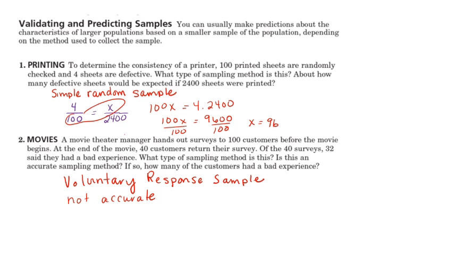With a voluntary response sample or comment card, people are more likely to complain than to say they had an okay experience. So this is not an accurate representation of how many total people had a bad experience. We know 32 did, but we don't know if more did. And so we can't do the proportion like we did before. We wouldn't do 32 over 40 equals x over 100, because this is a biased sample.